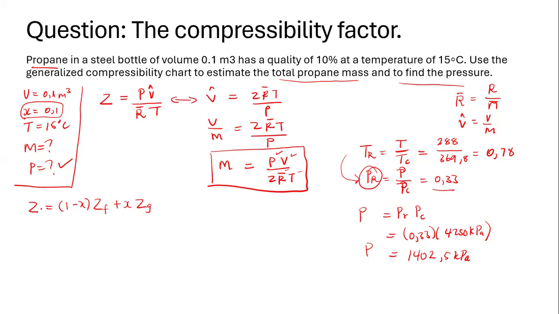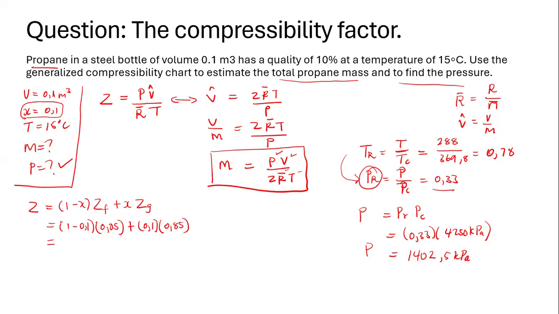So to determine our Z over here, we have 1 subtract 0.1, and then Z of the fluid, we said it's 0.05, plus our quality is going to be 0.1 again, Z of G is going to be 0.85.